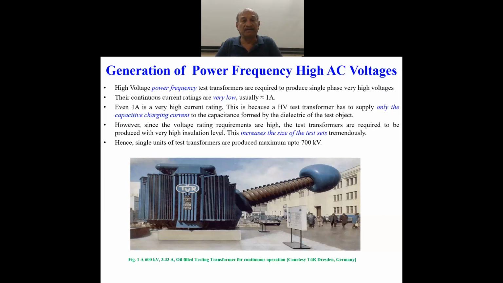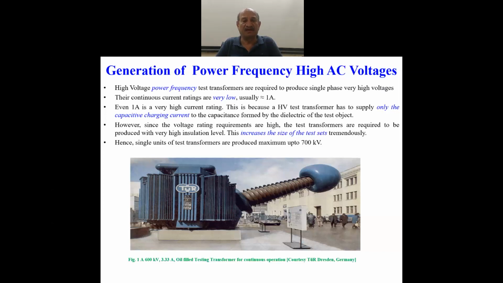Another very important thing is that in all high voltage testing, particularly in the case of AC power frequency, the testing is always done with single phase AC. So the AC test voltage generator should deliver single phase. Even three-phase equipment is never tested for all three phases together.